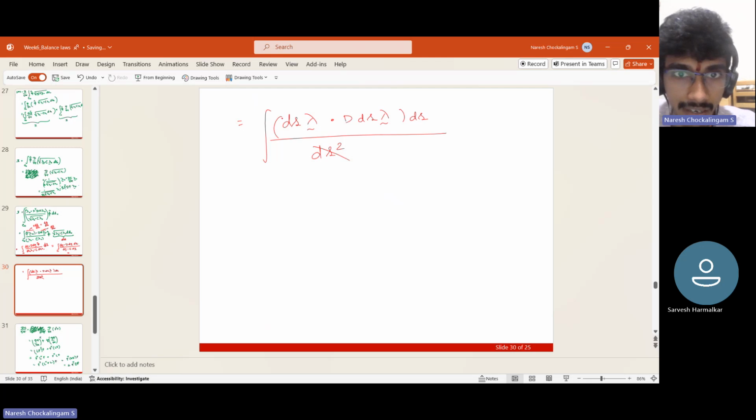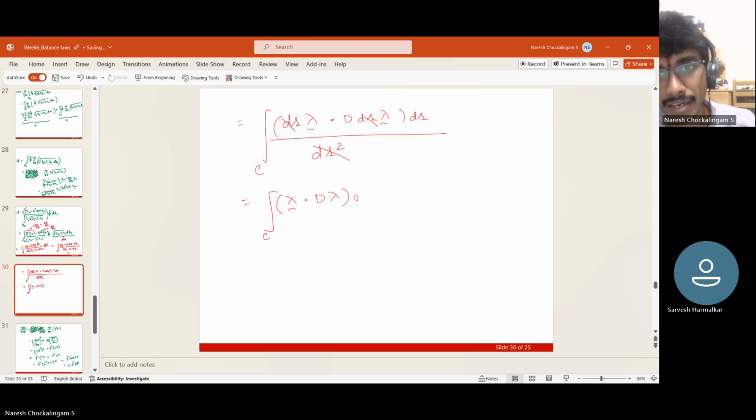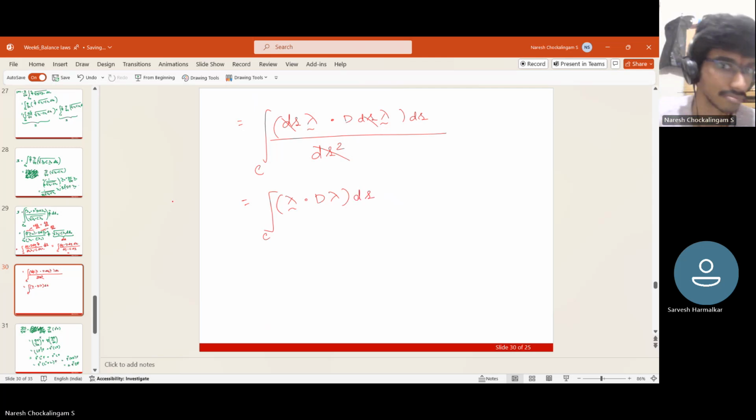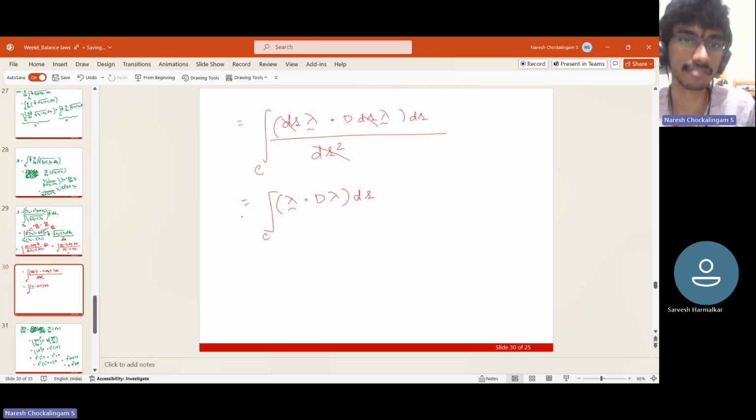So this goes away, and you're left with integral over the current c in the Eulerian description. It is current c lambda dot d lambda ds, and the denominator is just 1. So this is the second term.